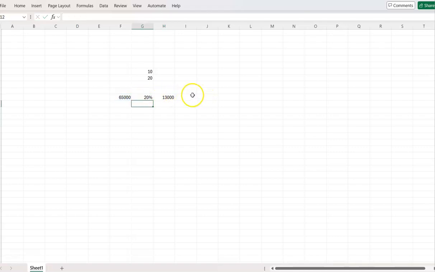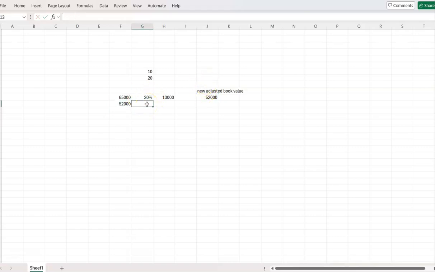13,000. So the new adjusted book value would be the 65,000 minus the 13,000. Wouldn't it be 52,000? So our new adjusted book value is 52,000.